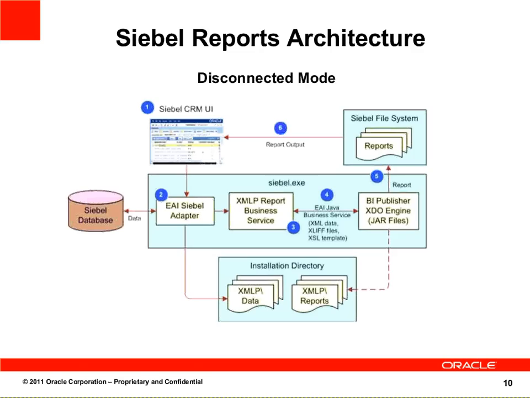We have these special services. If you have heard about Siebel EAI, the most common service, very much used in the EAI world, is the EAI Siebel Adapter. And then we have the XMLP business service, a specialized service created just for Siebel BIP reporting.